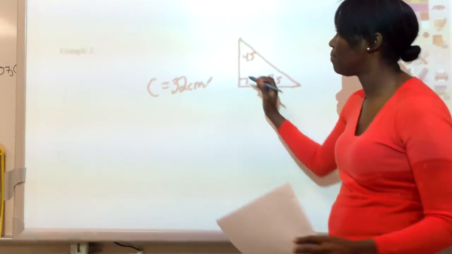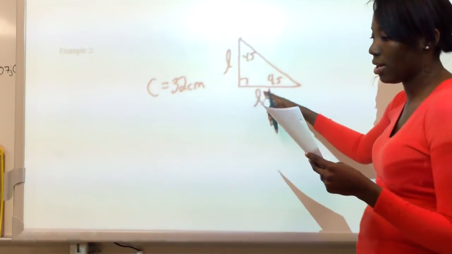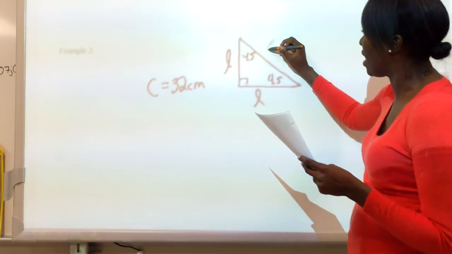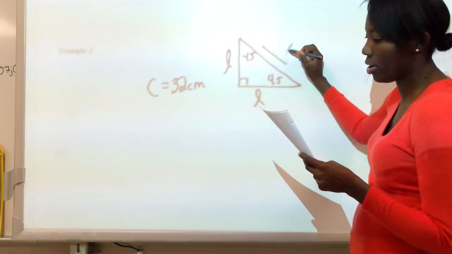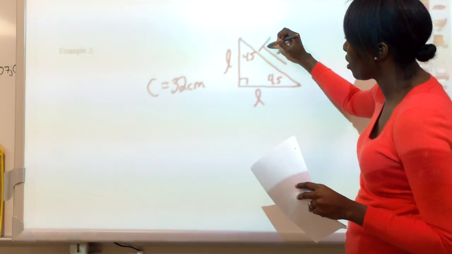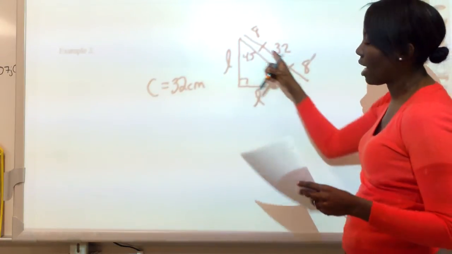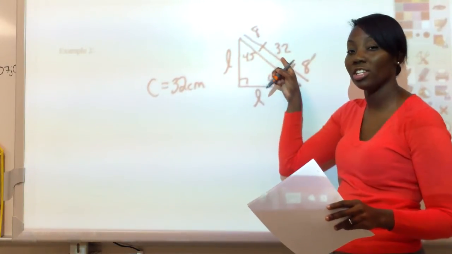So this is what's given. Here's this bandana, and what's given is that from here to here it's 32 centimeters, and then here to here is 8 and 8, and so his circumference is 32.